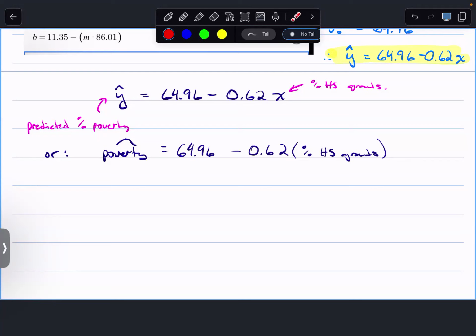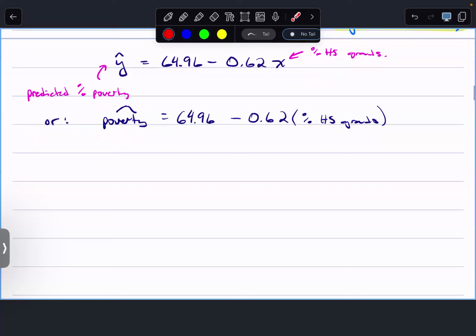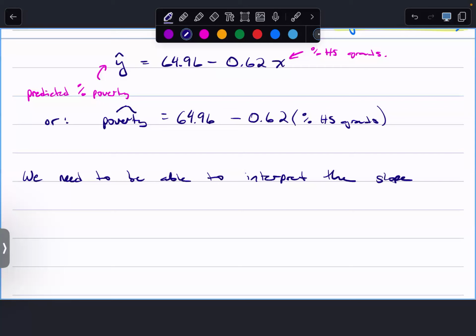So these are all parts, I don't know, A through whatever. So many parts. Okay. So we need to be able to interpret the slope and the intercept.